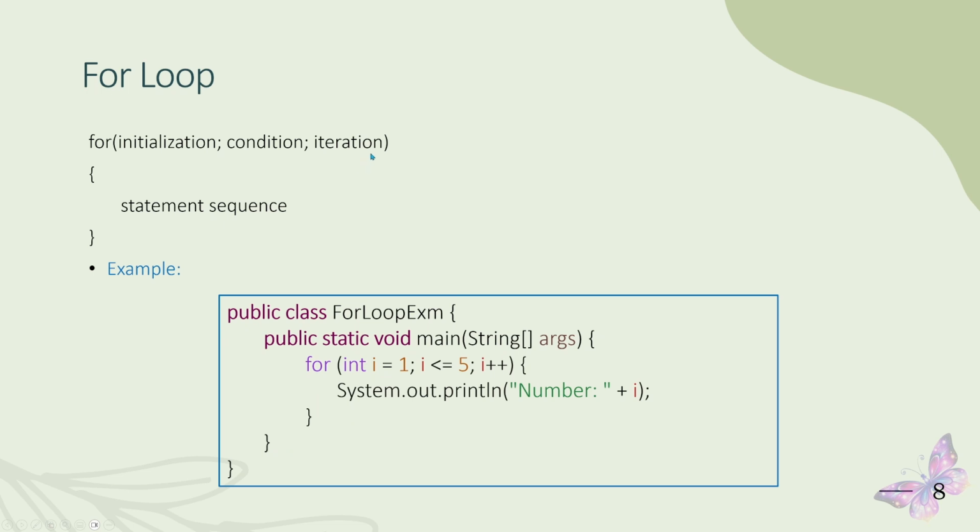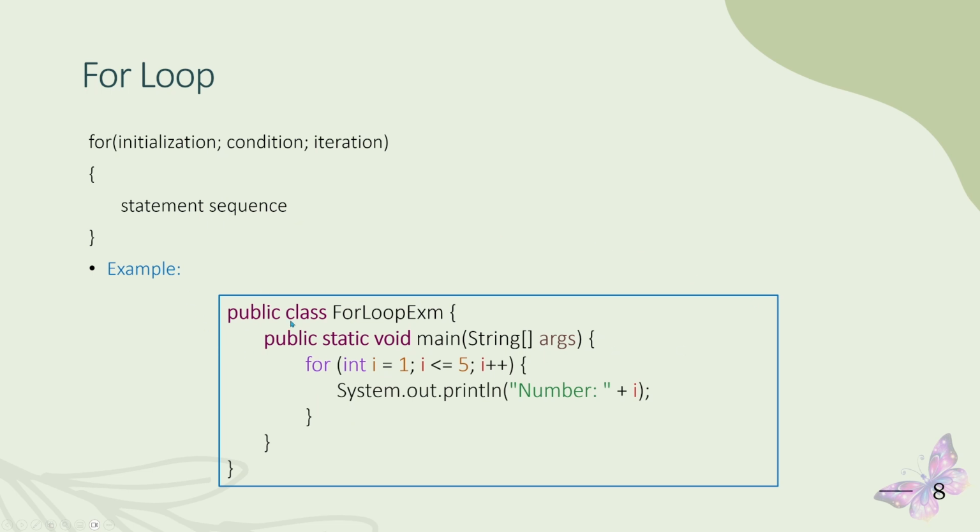The iteration here means the expression defines the amount by which the loop control variable will change each time the loop is repeated. That means it will iterate, then the initialization also changes and the condition will be checked. In this way the for loop executes, and in the braces you need to put the statement sequence.